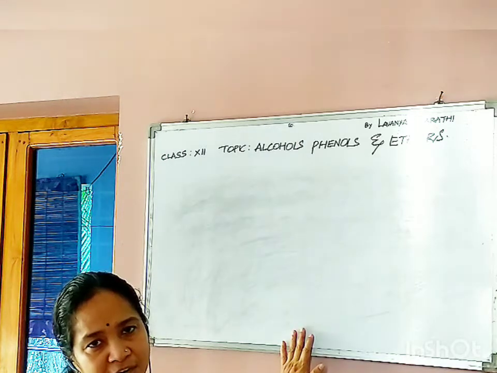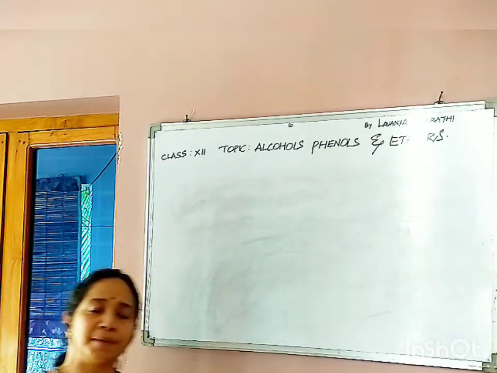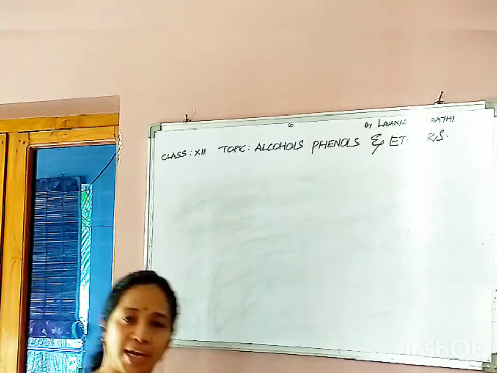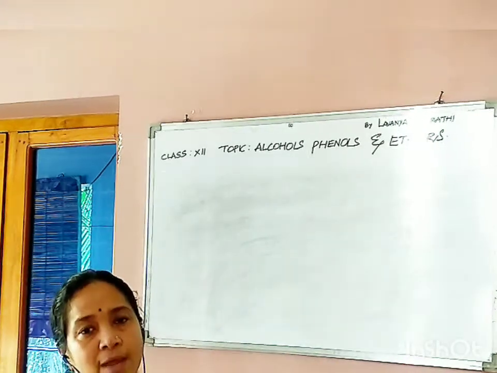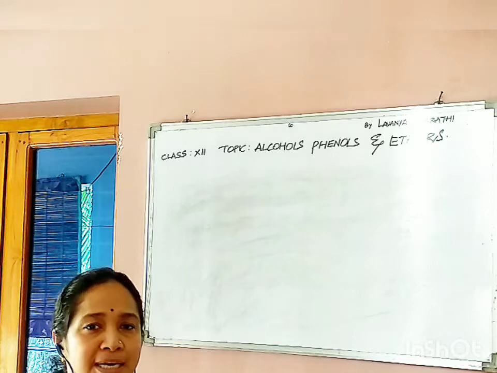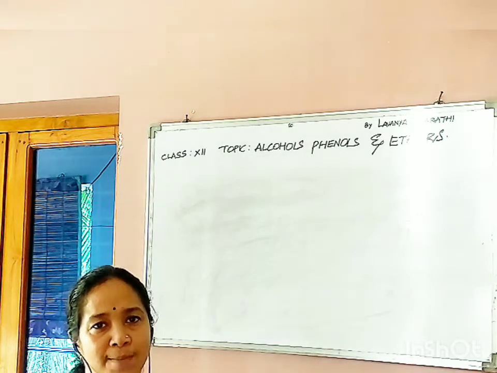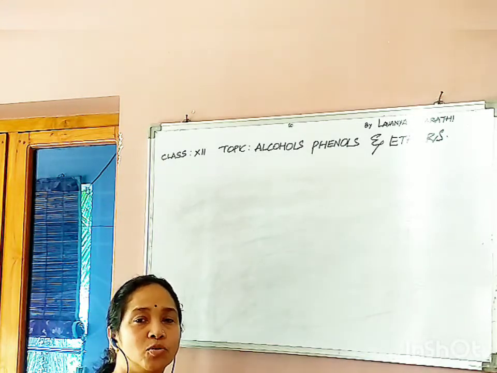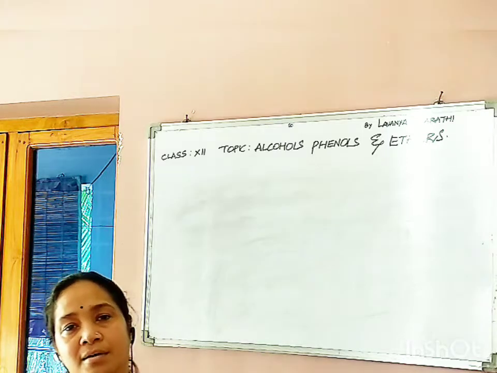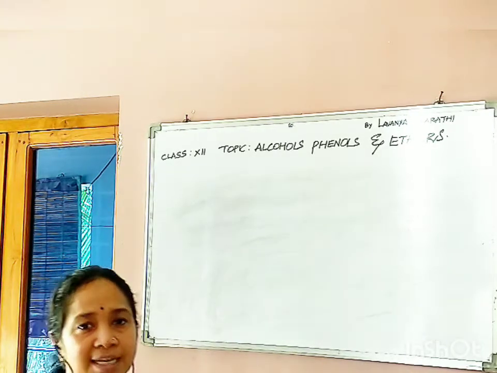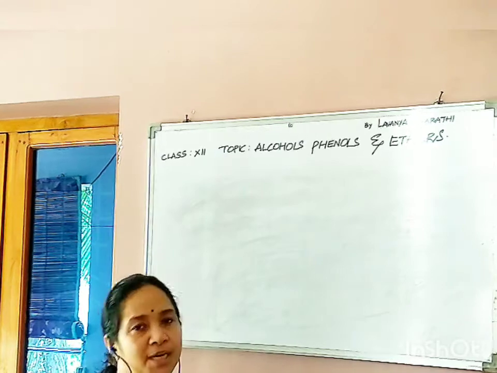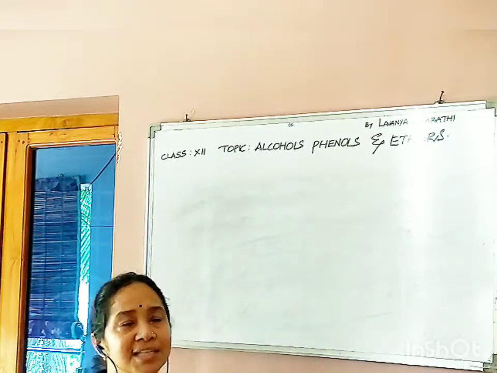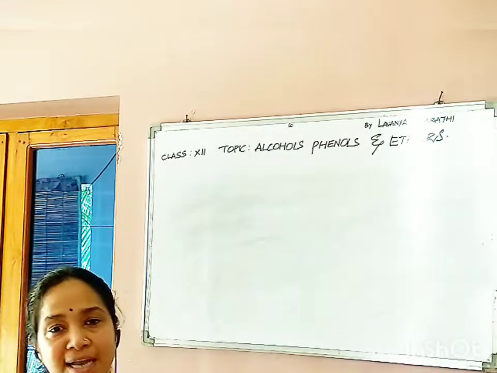The second is the hydroboration oxidation reaction, where we use the raw material diborane, B2H6. The third is reduction of carbonyl compounds. And the fourth and last technique is with Grignard reagent.